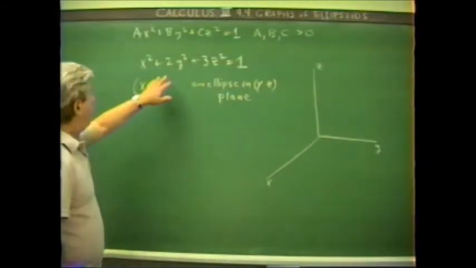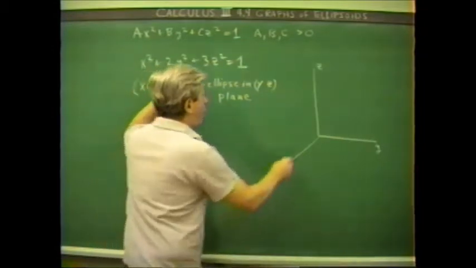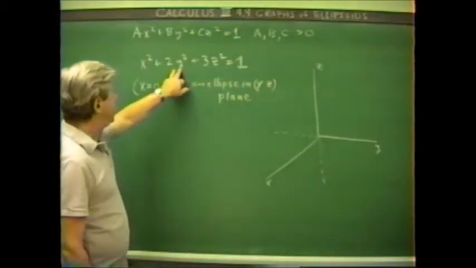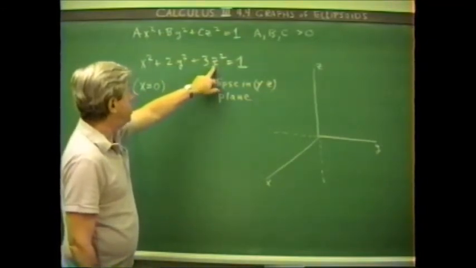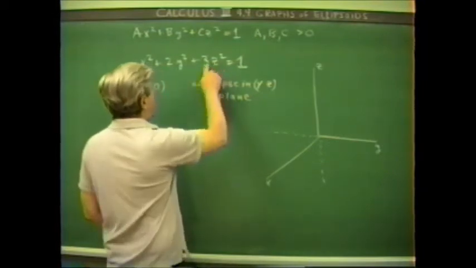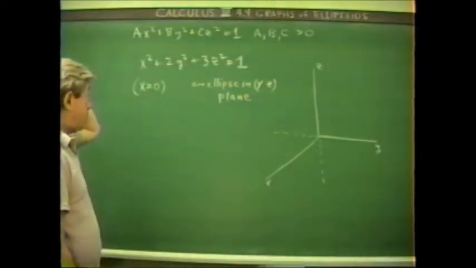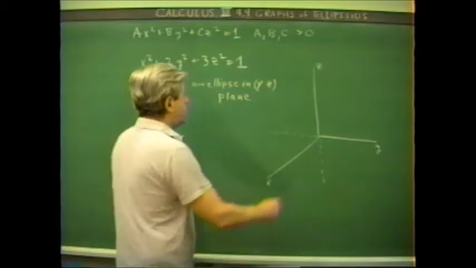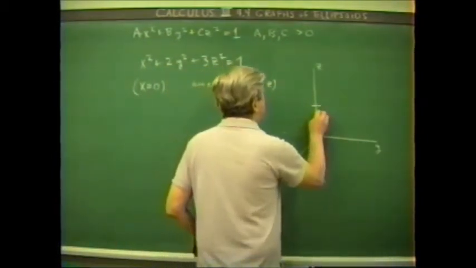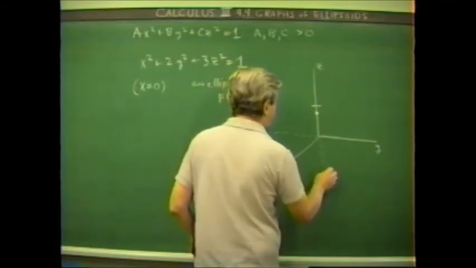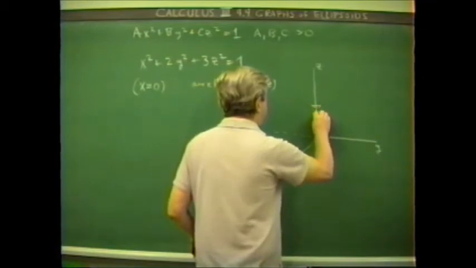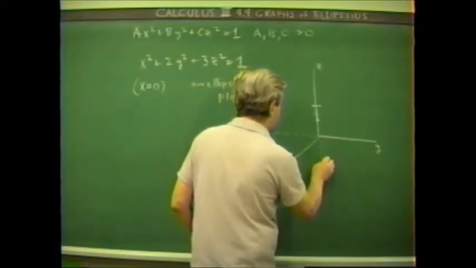What does it look like? Well, when y is equal to 0, z is equal to plus or minus the square root of a third. Right? So that if this is 1 unit right here, this is going to be plus or minus the square root of a third, say. Oh, it's perhaps closer to half. Like so.